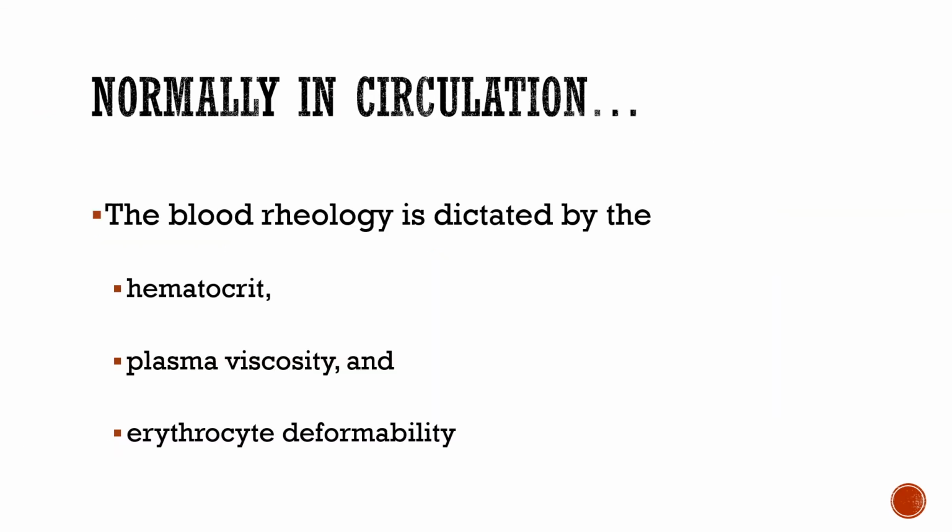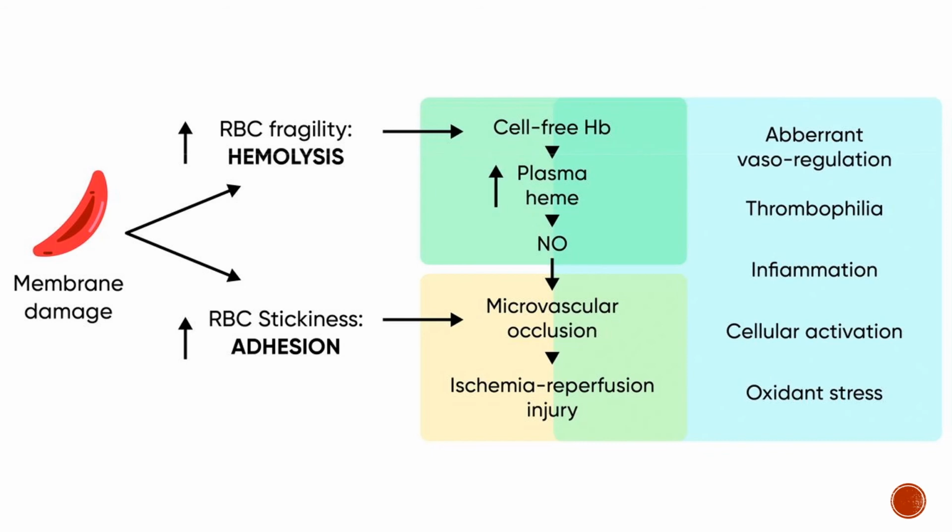Now, what happens normally in circulation? The normal blood rheology is dictated by the hematocrit, the plasma viscosity, and the erythrocyte deformability. Now, what happens in sickle cell anemia?